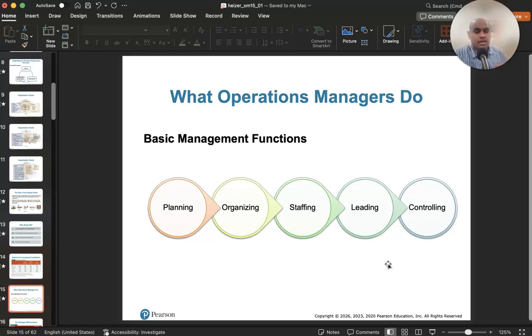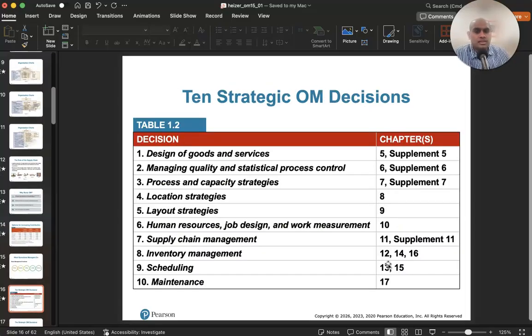Actually organizing the plans once they are made, and staffing it with people, making sure that everything happens by leading in the right way, and of course, controlling the process once the process is in motion. These are all the different things that operations managers do. And like I said, when you're starting off at the basic level, you won't be doing all of them. You'll probably be starting in one place, and slowly as you rise up, you will take on more roles as an operations manager, right?